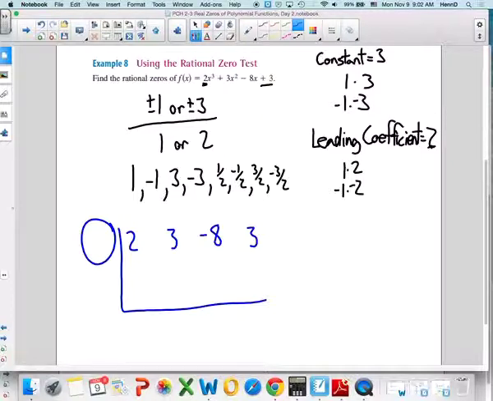I can check. Okay, when you did negative 3 halves, what was your remainder? 15? Yes. Alright, so is that a zero? No, it doesn't work. Positive 3 halves. 9 over 2? That didn't work. We're still working on negative 1 half?